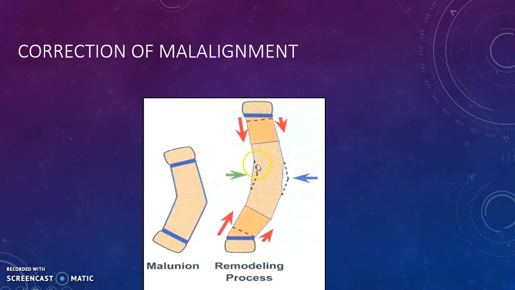There is resorption of bone over the convex, tensile side, and there is overgrowth. More bone is laid down over the compression side, the stress areas, and the growth lines, which become asymmetrical, then realign along the physis.